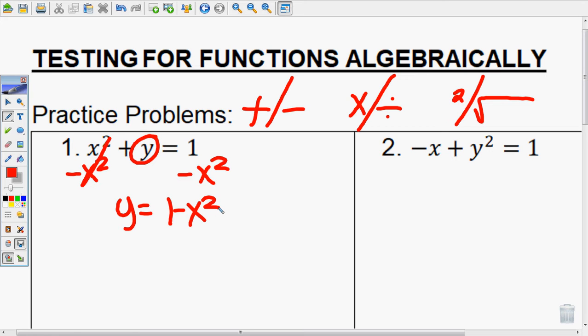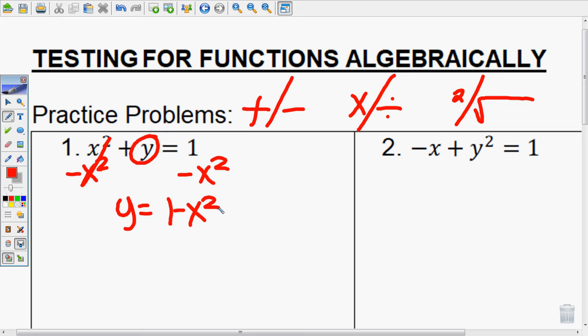We recall this, right? So is this a function? Yes, it is. You've seen this multiple times. How do you know if that's a function? If you drew it, what is it called?